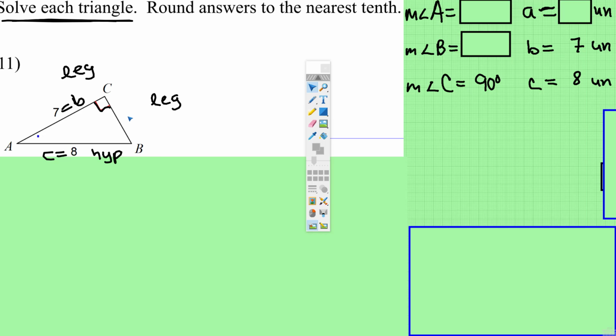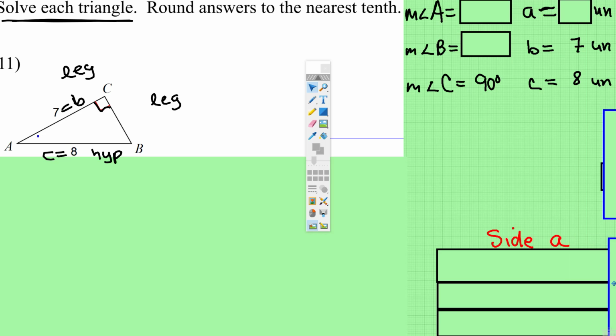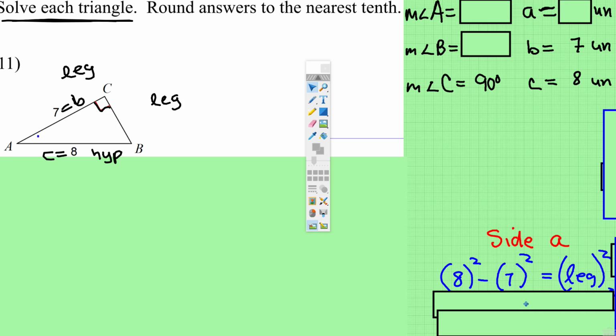Let's go ahead and find the missing side first. So the missing side is just going to require the Pythagorean theorem. But we already know the hypotenuse. So if it's supposed to be a squared plus b squared is equal to c squared, well, we're going to want to get rid of the a squared in order to find b. So that's what I set up here.